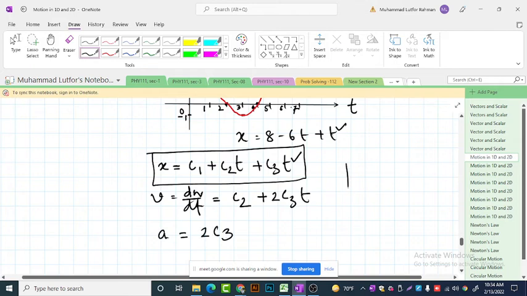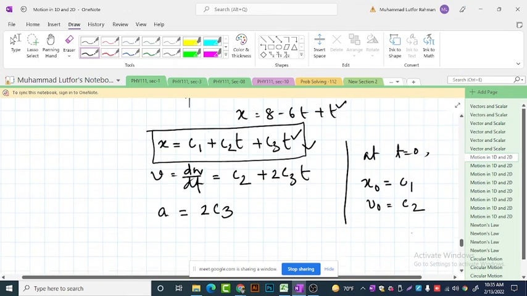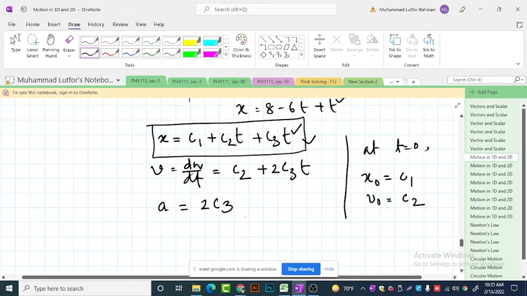Now if I write at t equal to 0 seconds, I can say x naught. If I plug t equal to 0 into that equation, c2 and c3 will vanish. I'll only find that c1 would be x naught, right? And if I plug t equal to 0 into the velocity, I'll find v naught would be basically c2, and c3 is independent of time, so I can say half of a is going to be c3.